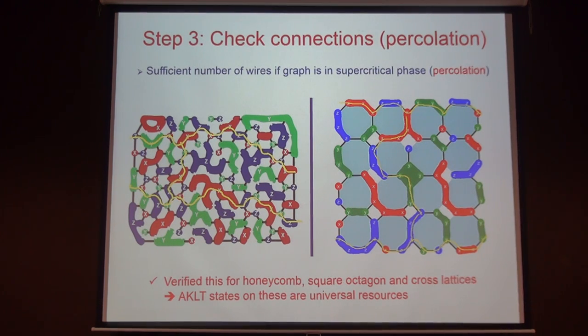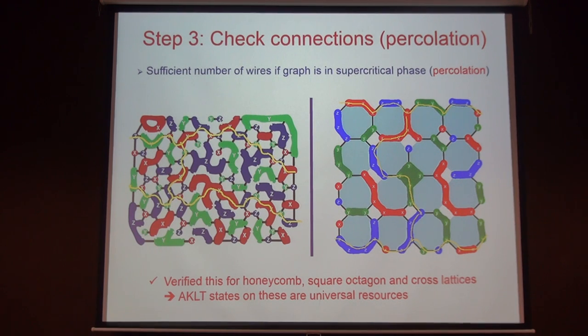So once you're done, you have to check whether your system is well connected, so that you can identify a path from one side to the other, or from top to bottom, and make sure that this lattice or this graph is percolated.